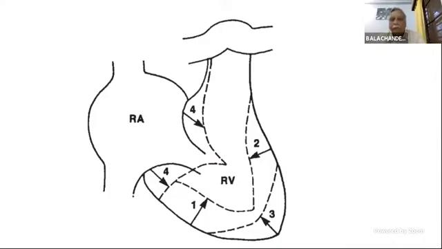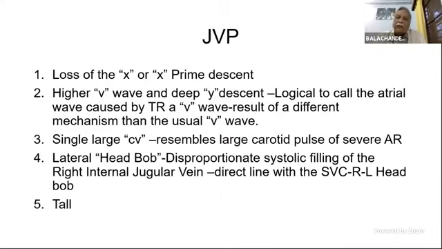Next slide. In the JVP, if you look in detail, there is a loss of the X, or what is called the X prime descent. You get a higher V wave and a deep Y descent. So it is logical to call this atrial wave caused by TR a V wave. That is why some books, including Braunwald, call it an S wave, as a result of a different mechanism than the usual V wave.